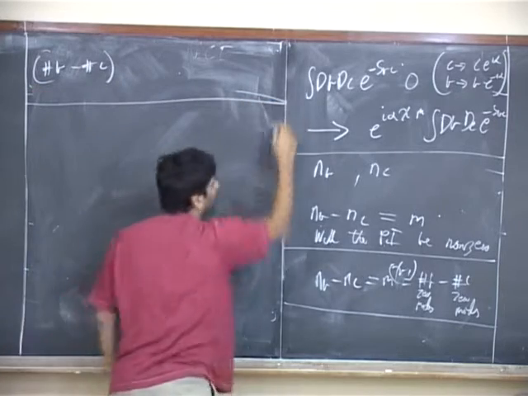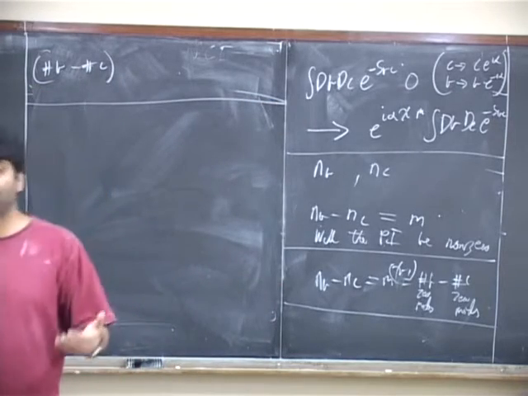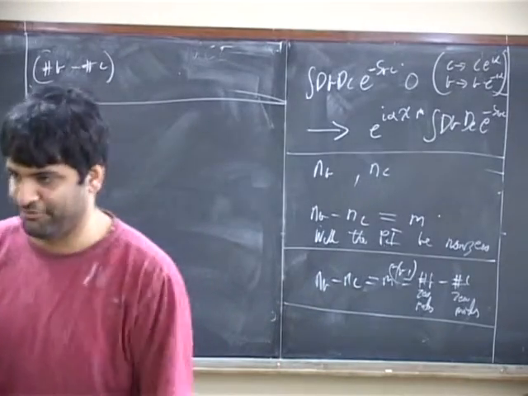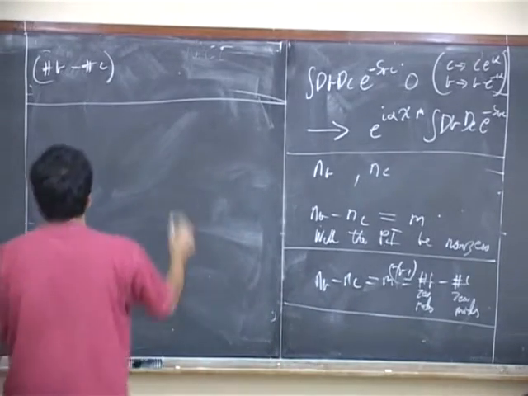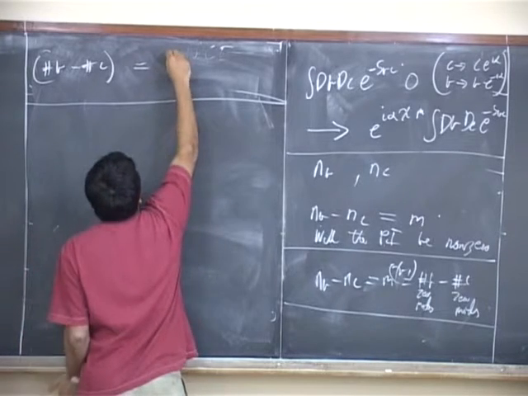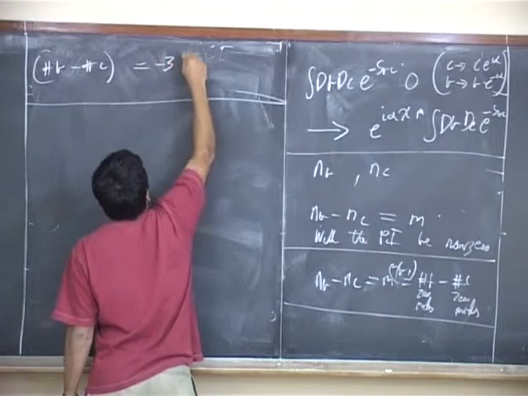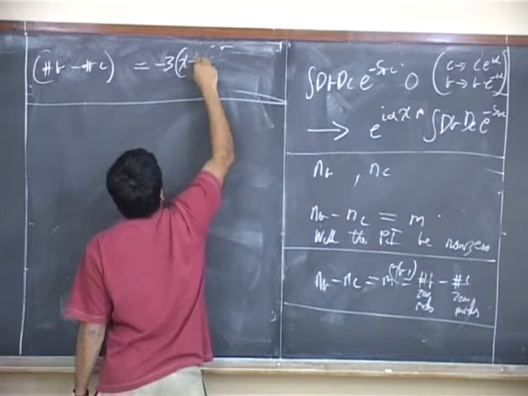I'll give you the answer for the number of holomorphic ones. This is of course a doubling because there are as many holomorphic as anti-holomorphic. So this turns out to be equal to 3 minus 3 times chi.